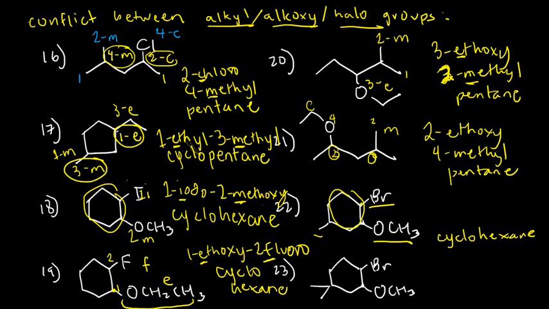If we start here, we have the set of numbers 1, 2, 4. If I start here, we have 1, 3, 4. If I start with methyl and go counterclockwise, it's 1, 2, 5. Let me write that: 1, 2, 4; 1, 3, 4 versus 1, 2, 5. This one automatically loses because 3 is larger than 2. So 1, 2, 4 versus 1, 2, 5, obviously we choose this because 4 is smaller than 5.